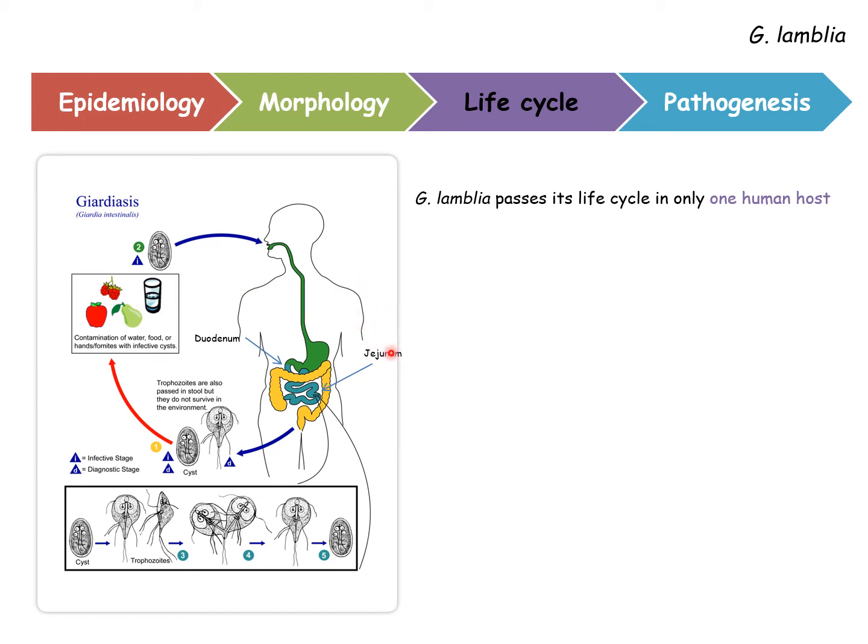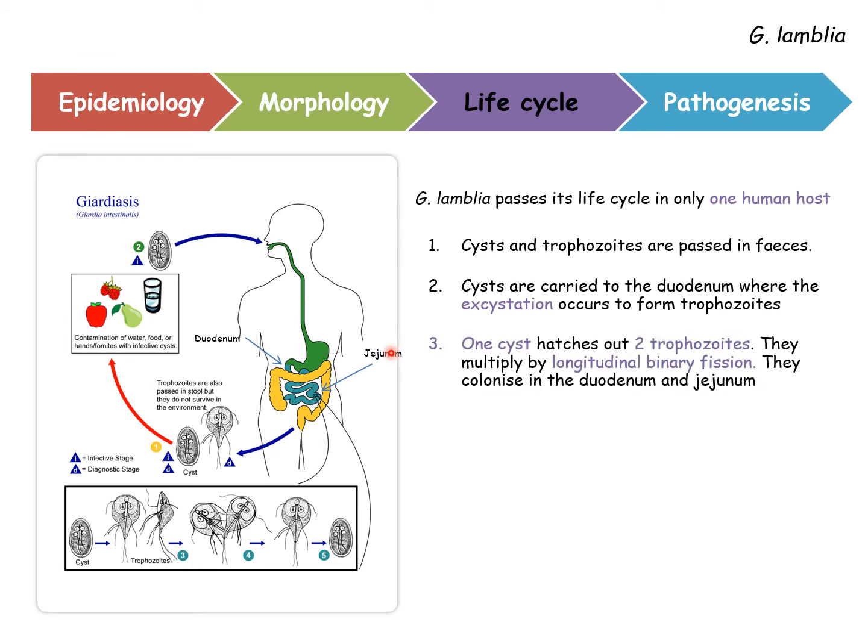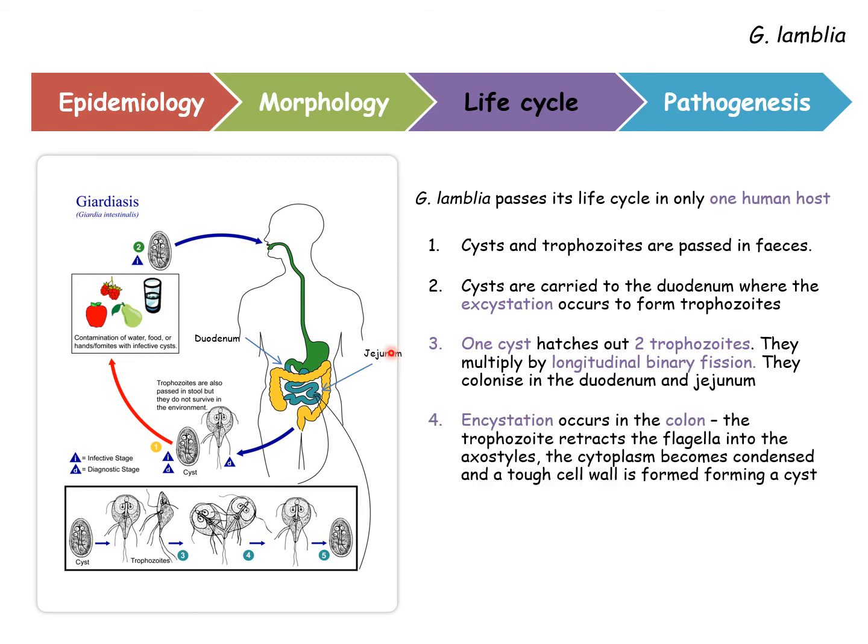Upon ingestion, the cyst will undergo excystation in the duodenum or jejunum. One cyst can hatch to form two trophozoites, and the trophozoites will continue to multiply by binary fission. When there are a lot of trophozoites, some will move to the colon, and encystation happens in the colon.